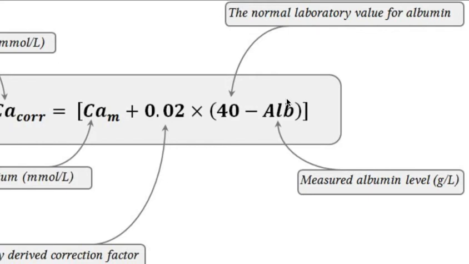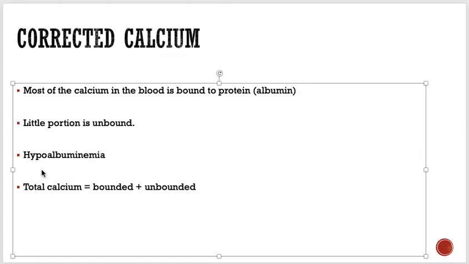So this is how we correct for the albumin levels. The calculation depends on the albumin level, so when the albumin level is low, we get a different result. That's why it is called corrected calcium.